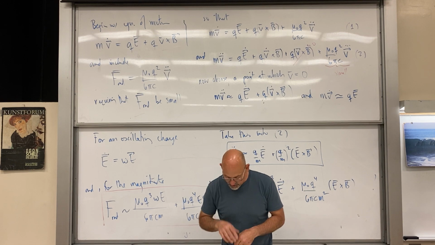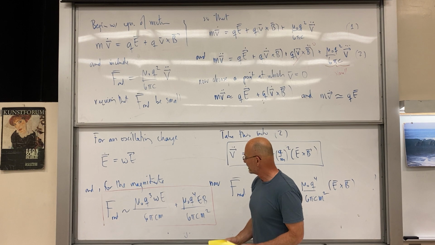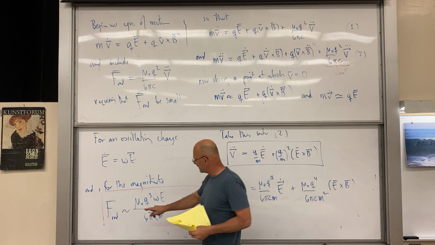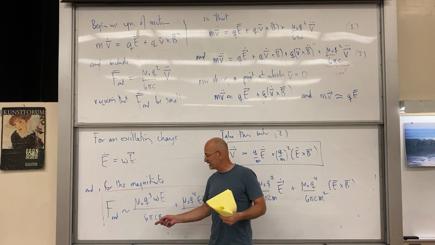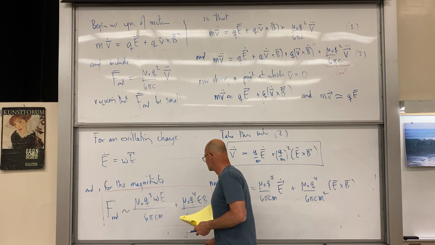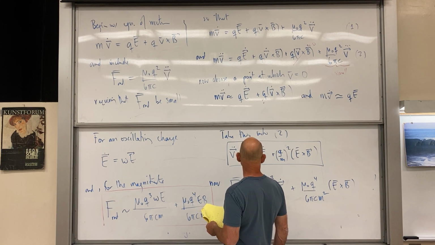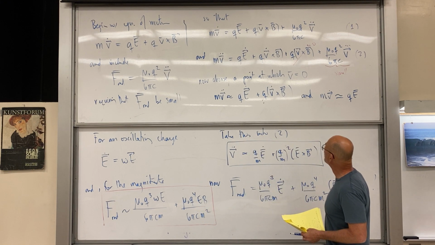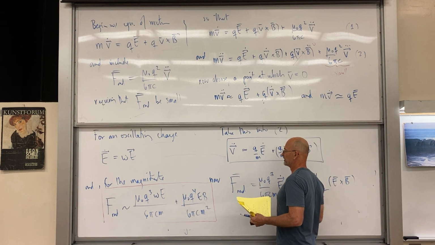Okay, so what conclusions can we draw here? We've assumed, for example, that this is much smaller than the electric force Q times E, and much smaller than Q V cross B as well.